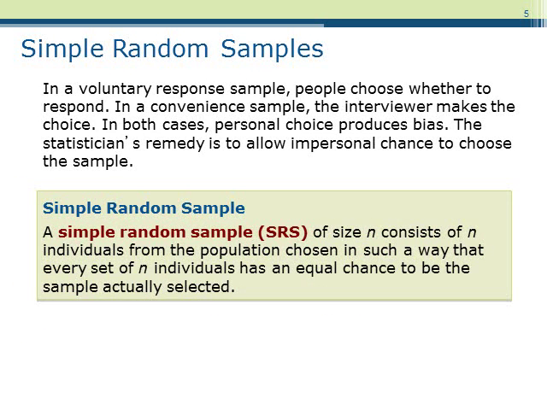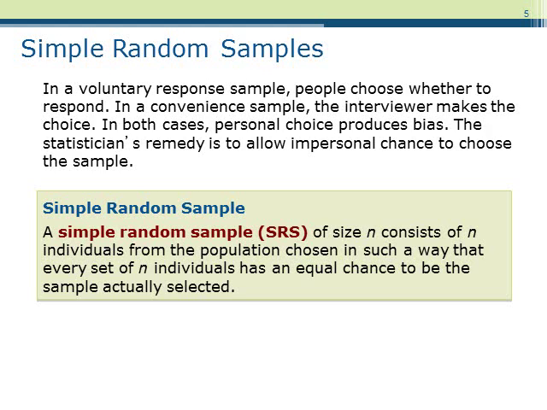Now, what creates bias in convenience samples and voluntary response samples is personal choice. Recall, in a convenience sample, it is the researcher who decides which individuals will be a part of the sample. In a voluntary response sample, it is the individuals who decide.